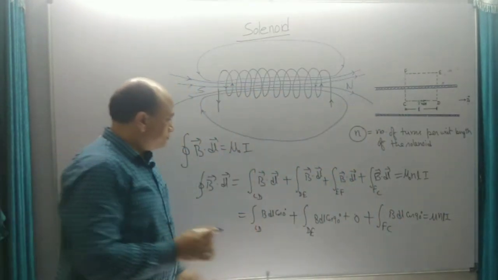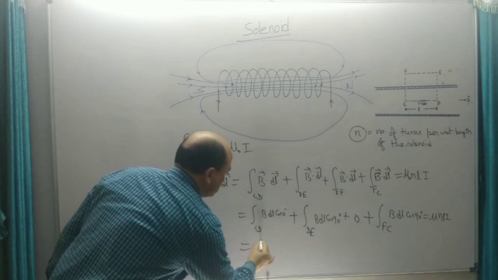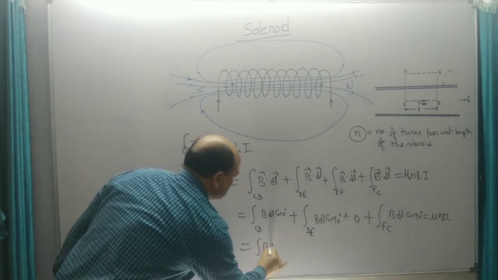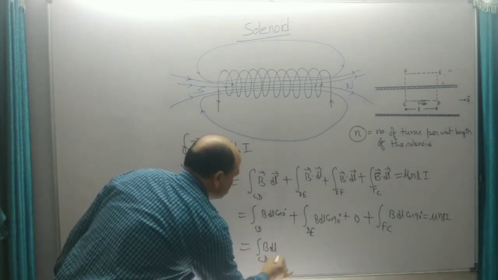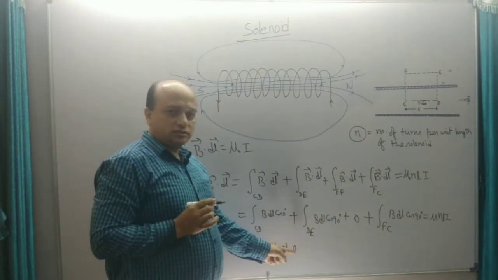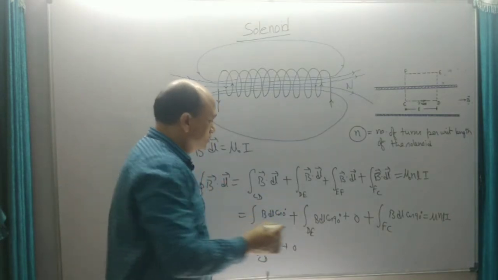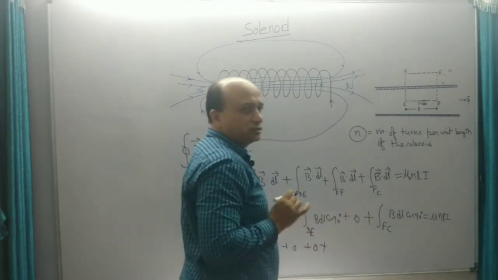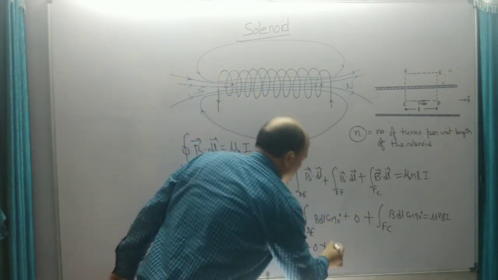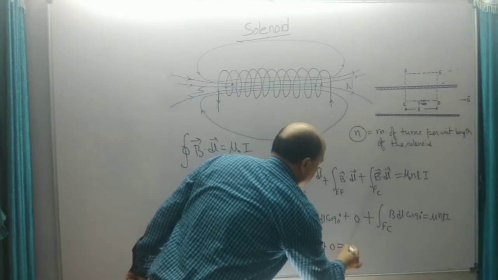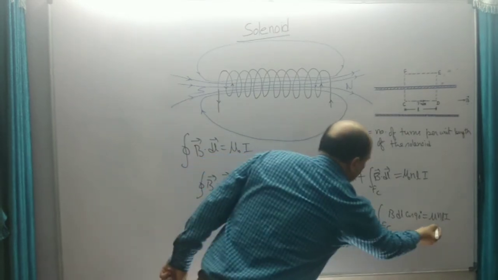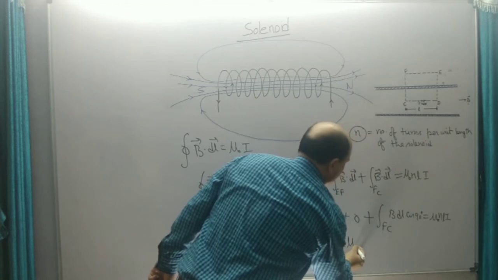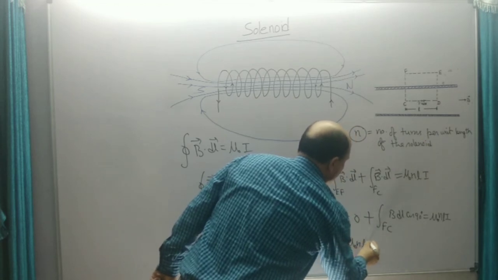So the first term is B dl cos 0, which is 1, about CD. The second term will vanish as cos 90 is 0. The third term is 0. The fourth term will also vanish because cos 90 is there. On the right hand side we will get mu naught NLI.